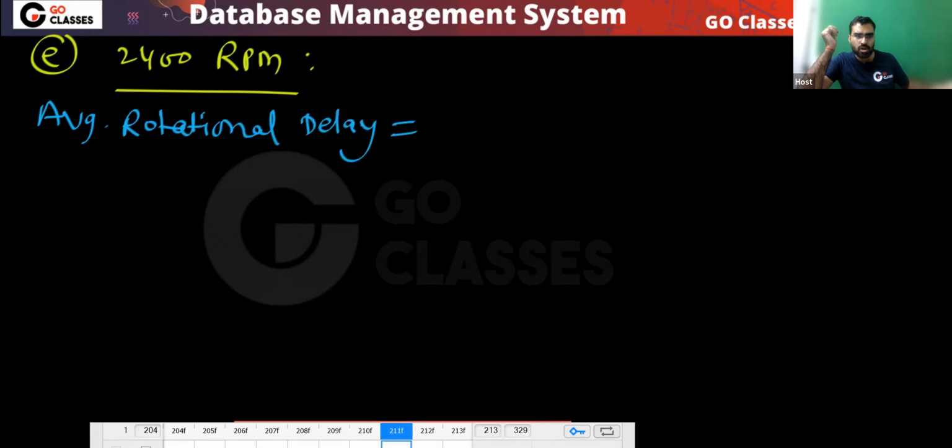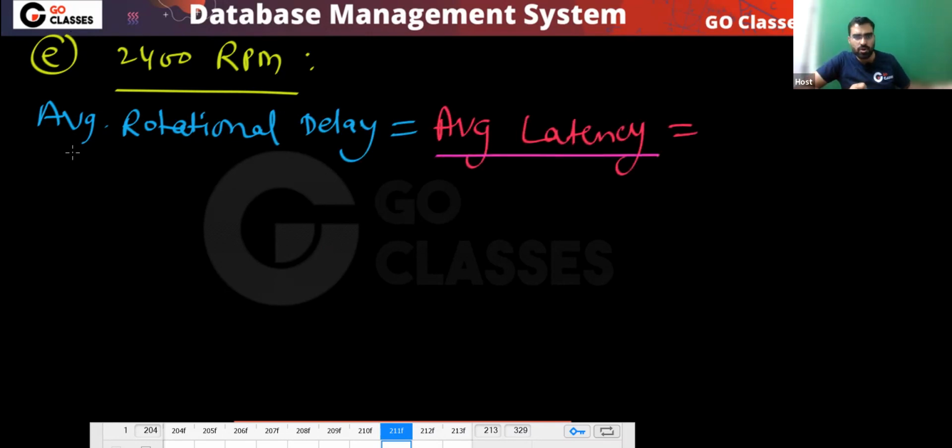This is also called average latency. They can also ask you for the average latency of the disk. Or you can call it average rotational delay, or average latency.